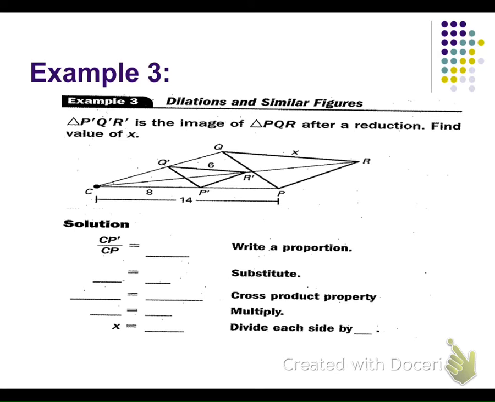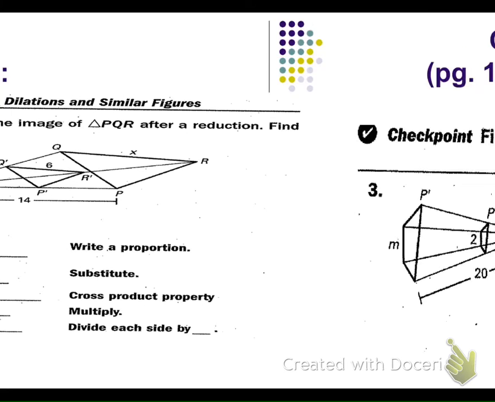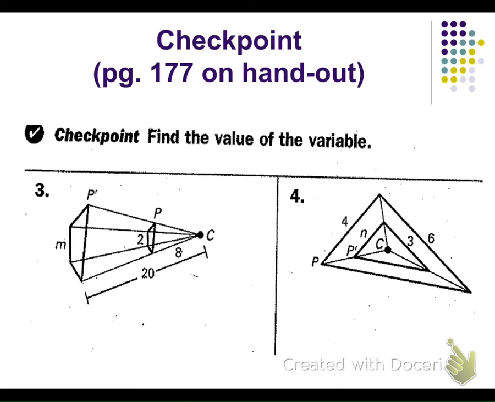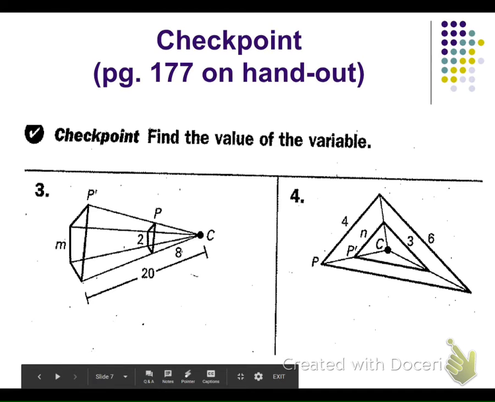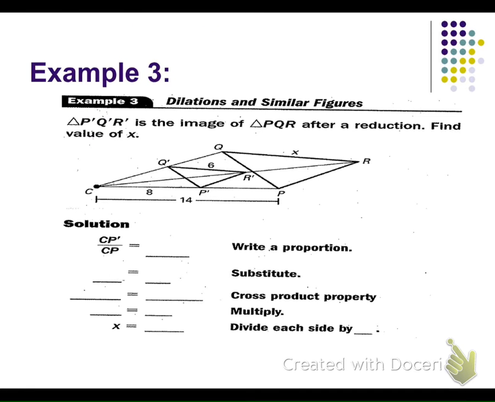So we have CP prime to CP, and we want to figure out how to relate it so that we can solve for x. The way we are going to do that is we are going to write Q prime, R prime over QR.